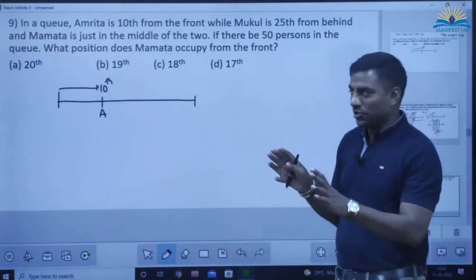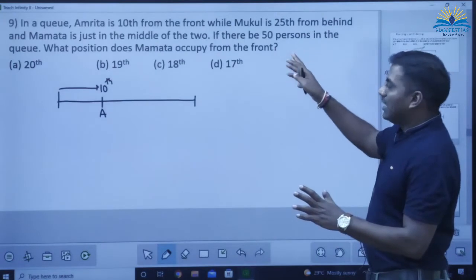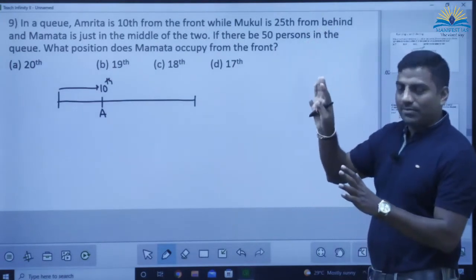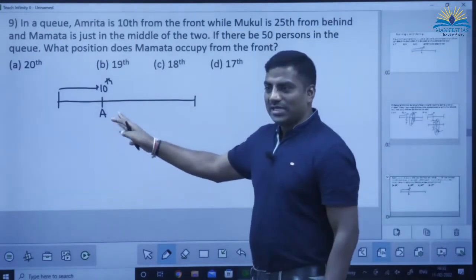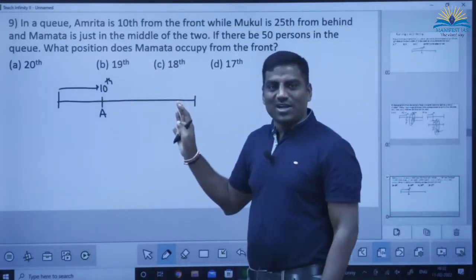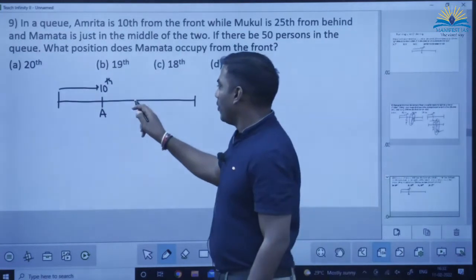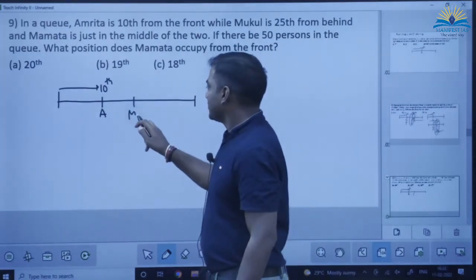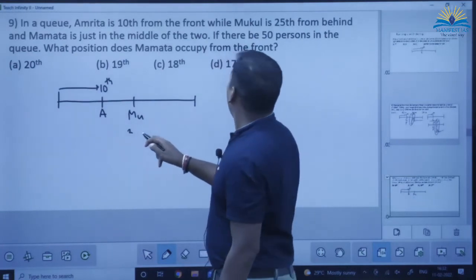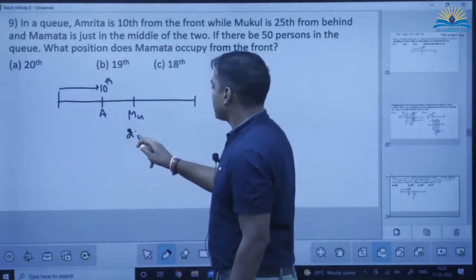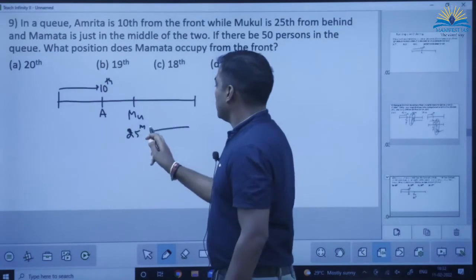You will wait for Mukul's position. Then Mamata, she is one more person, wait. If there are 50 persons, after Amrita, there are 40 positions where we can accommodate Mukul. Yeah? Mukul is 30, 25th from right.